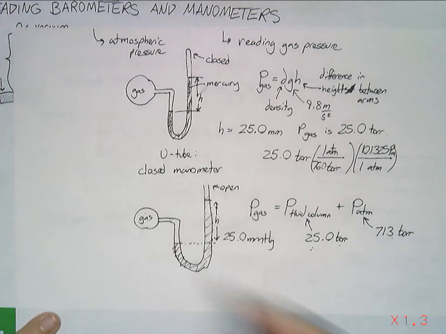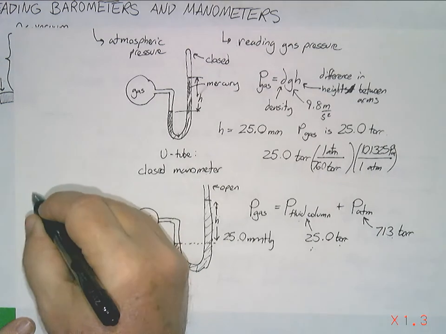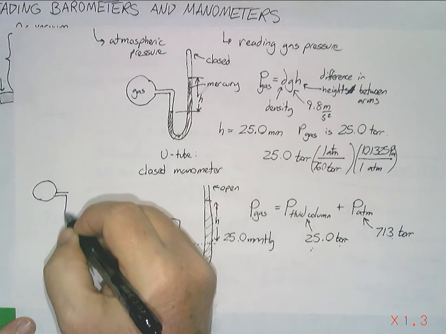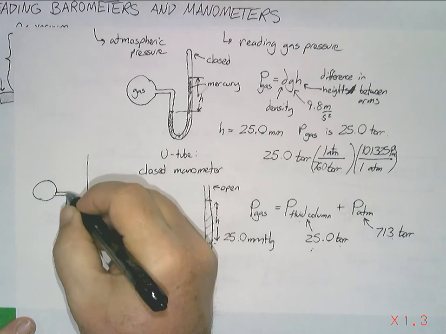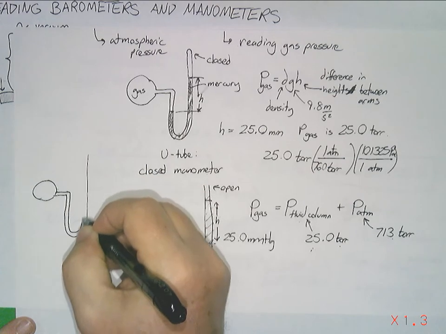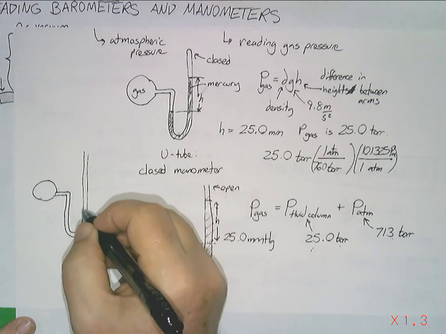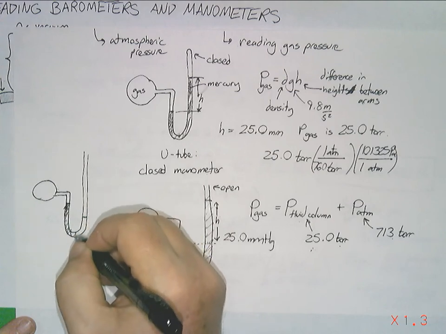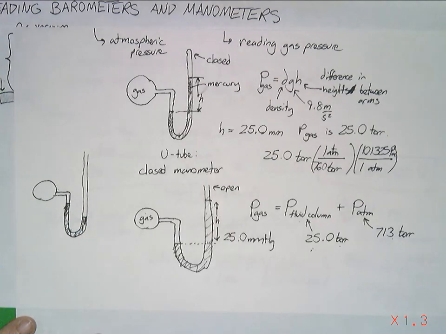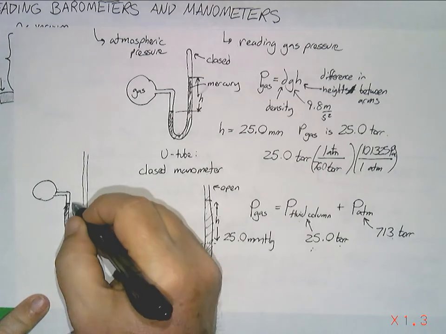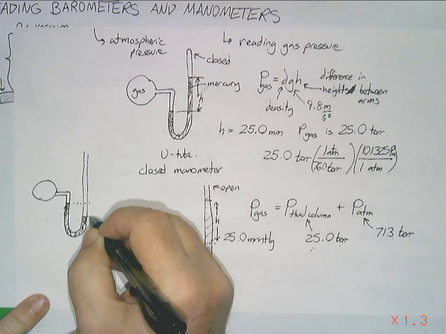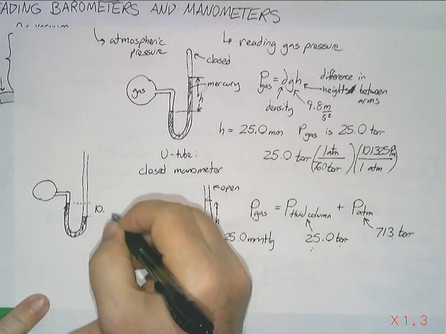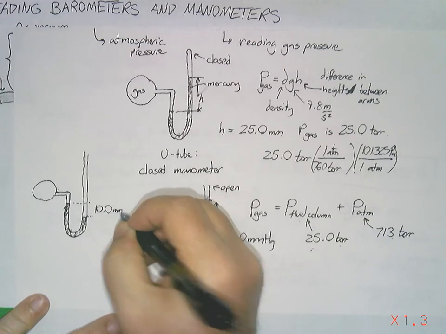Now, if I had something like this with an open manometer, what would you say about the pressure? Let's suppose that the difference in the heights here was 10 millimeters and we had mercury in here.